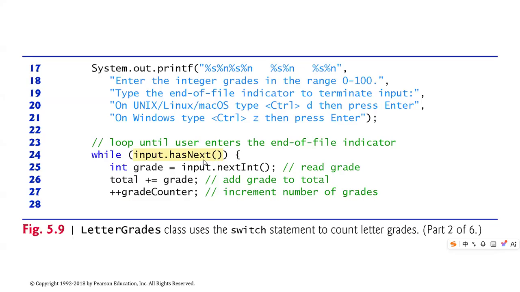So as long as we didn't reach that, our input will be fetched by the scanner and then transferred to the variable grade. And once the grade is assigned the value, the total will be used to sum all the grades there, adding grade to total. And then the grade counter will be incremented by 1, as we are using the grade counter to count the total number of students for this class.